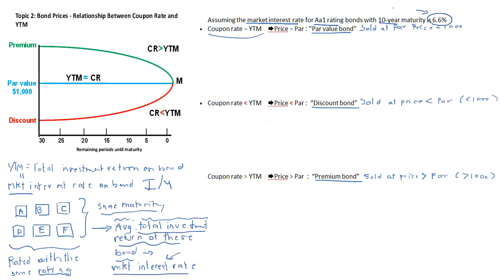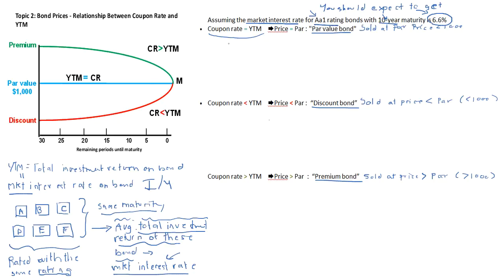So this means that you should expect to get this rate when you invest in the bond with this rating and 10-year to maturity.